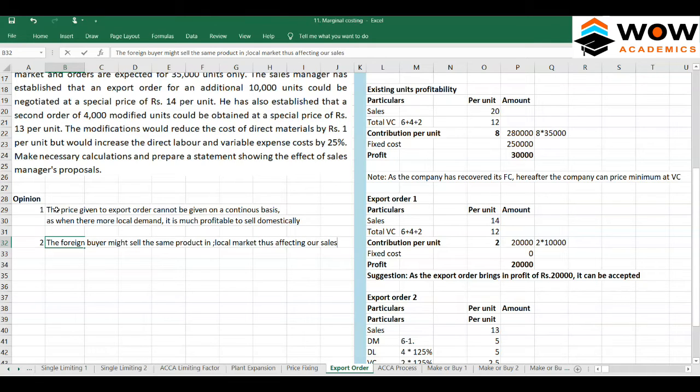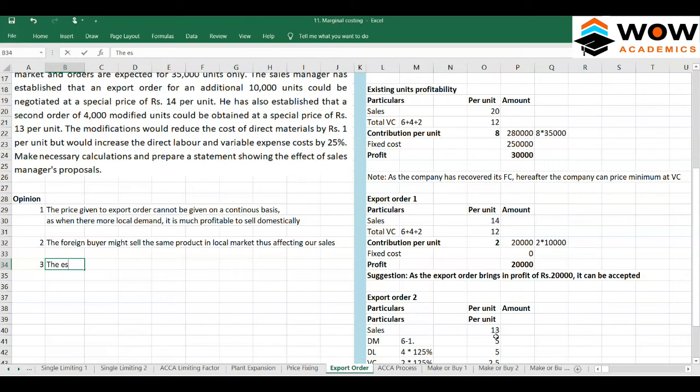So he might buy goods from us and sell in the same market itself. So what happens here is, we are selling at 20, and if they sell at more than 14 or 13, then our company would be at a loss. Okay, so that would be a problem.